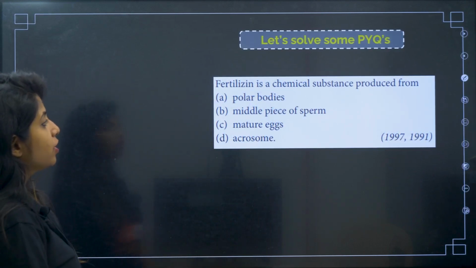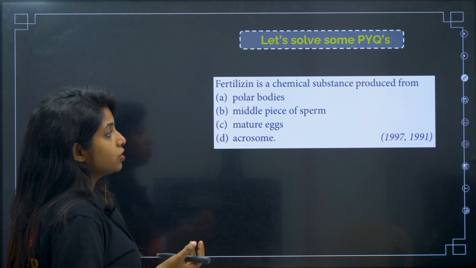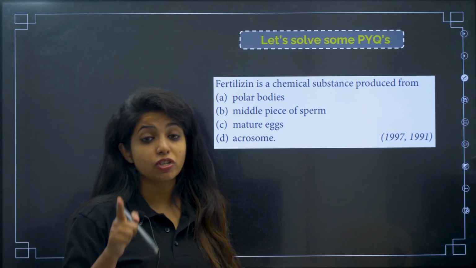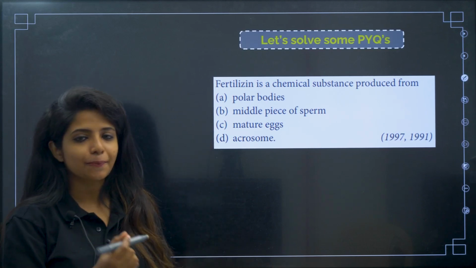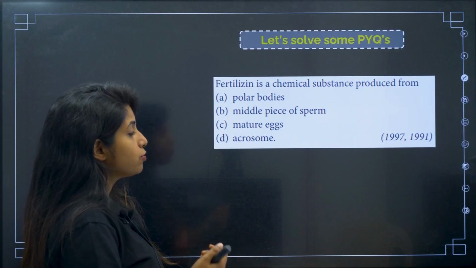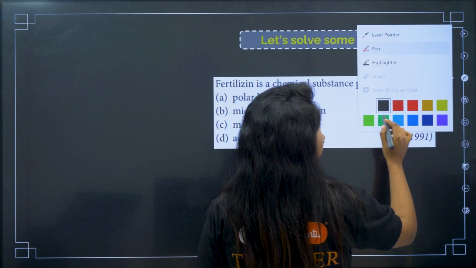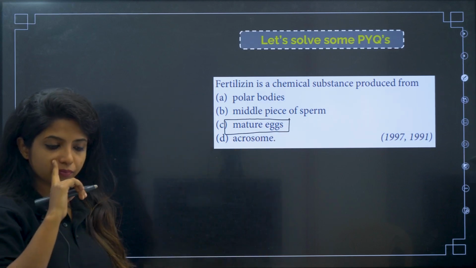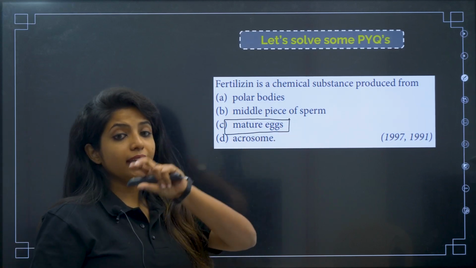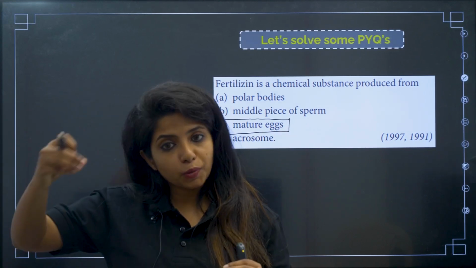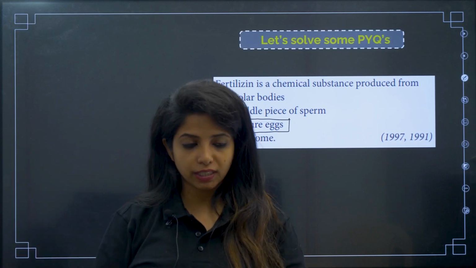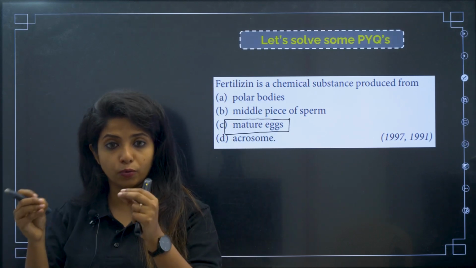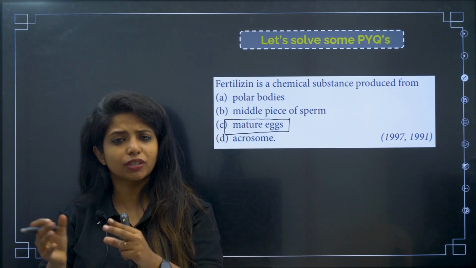Going ahead, what do we have? Fertilizin is a chemical substance produced from. Now this is the question that I was talking about, certain extra things, right? So fertilizin is a chemical substance which is produced from the mature eggs. What is the use of it? For the egg to recognize that the sperm is of the same species. For example, human sperm and human egg only fuse.